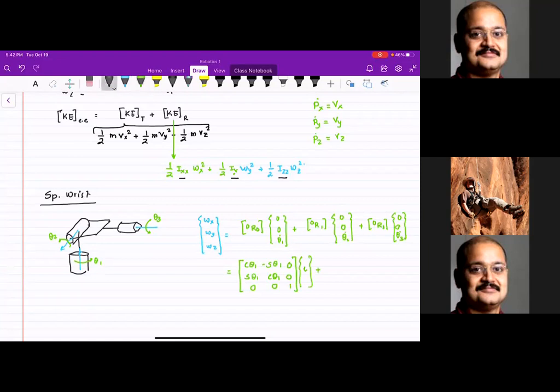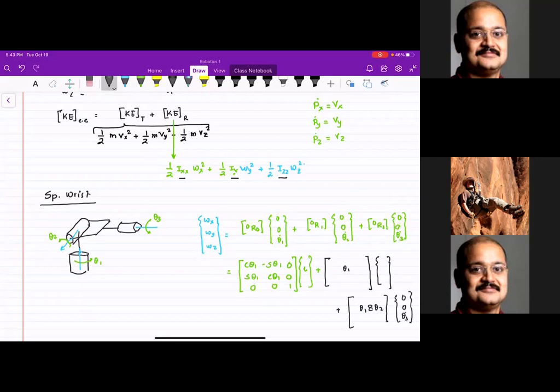Let me see if I have actually calculated that value. Unfortunately, I think I solved this problem using MATLAB. But please understand that here you're going to have theta 1, and the last matrix will have theta 1 and theta 2, times [0 0 theta 3 dot].